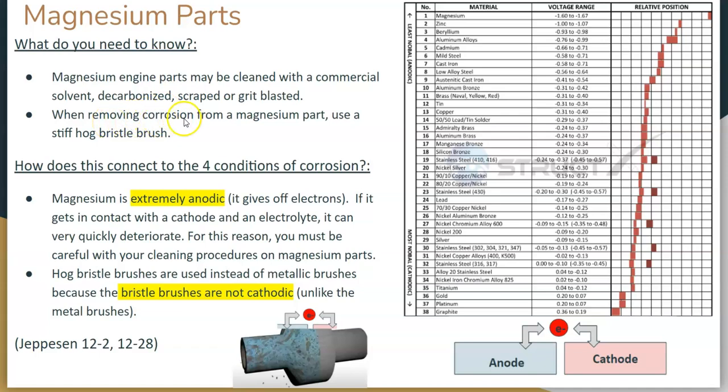Additionally, when removing corrosion from a magnesium part, you need to use a stiff hog bristle brush. The reason why they're so specific about the bristle brushes is because if you use a metallic brush, metallic brushes are usually made out of cathodic material, and if you have anodic magnesium and they're together, what's going to end up happening is that it could corrode any magnesium part if the right circumstances prevail.